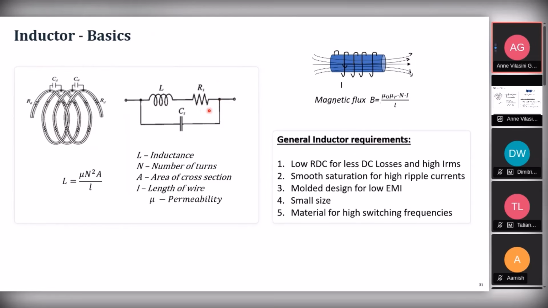Therefore you should select an inductor with a low RDC value. It should have smooth saturation, which we'll talk about in the next slides, and a molded design, which means that it is not radiating more noise outside. The size shall be smaller and the material is highly dependent on the frequency range.